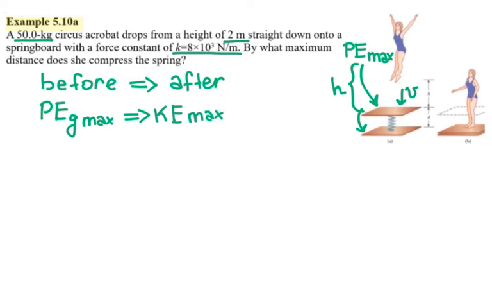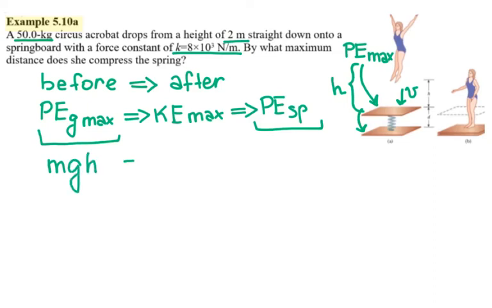I could find her kinetic energy, and that will go to the potential energy of this spring. So all I need to look at is the gravitational potential energy equals the potential energy of the spring. So what I have is mgh is going to be equal to 1/2 kx squared.